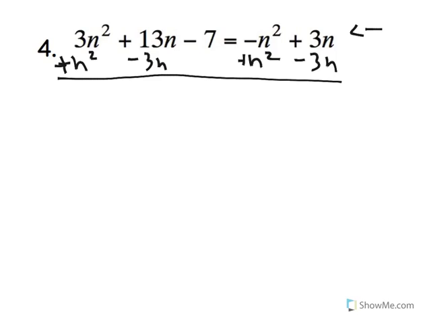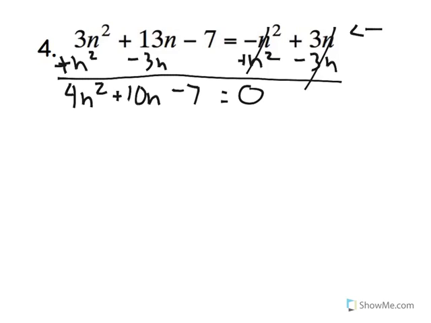So I lined those up underneath their like terms, the ones that we could combine them with. Those are both going to cancel out, so we get that 0 that we wanted on that side. 3n squared plus n squared is 4n squared. 13n minus 3n is plus 10n, and then that minus 7 we didn't do anything with, so it just comes down.